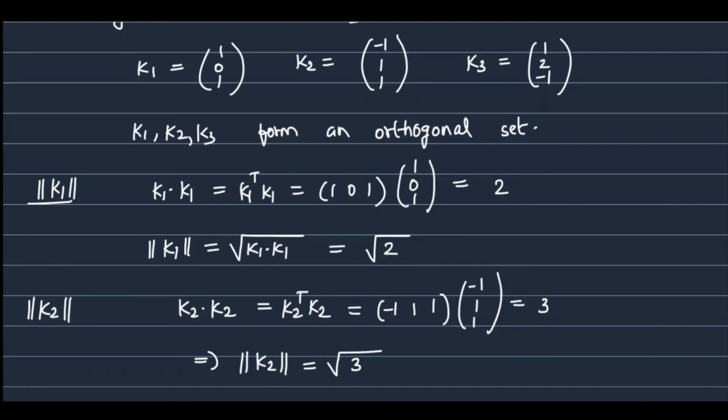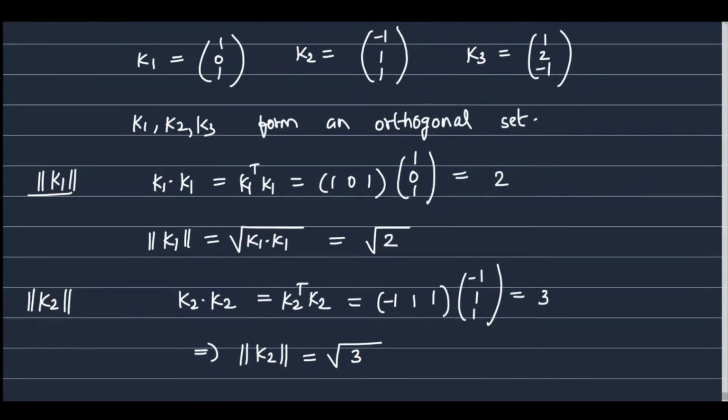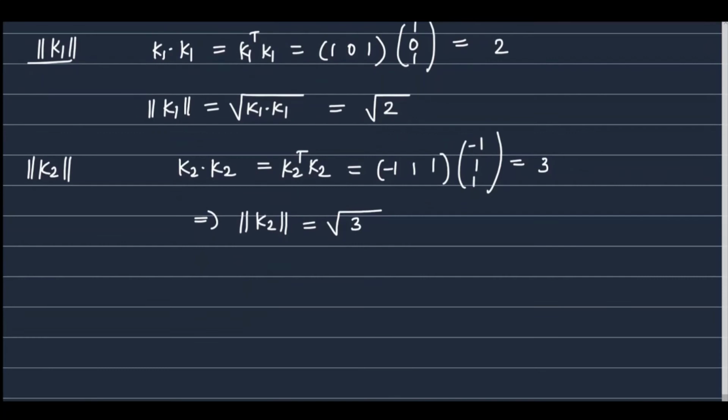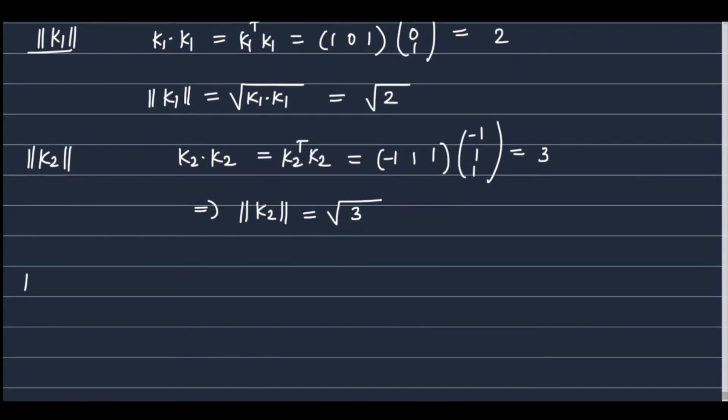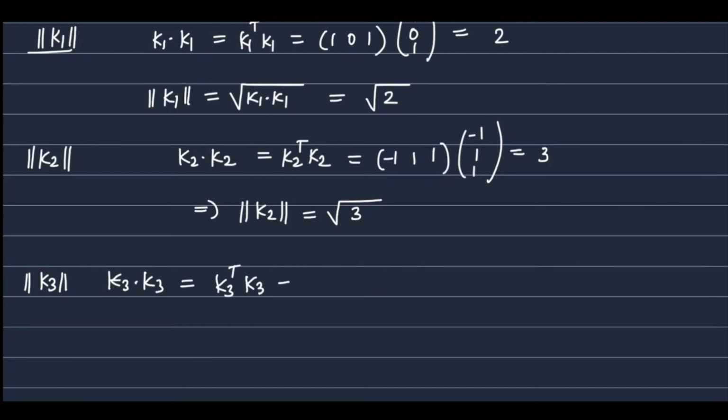Now similarly we will find norm k3. For this, k3 dot k3 is equal to k3 transpose k3, and k3 is 1, 2, minus 1.